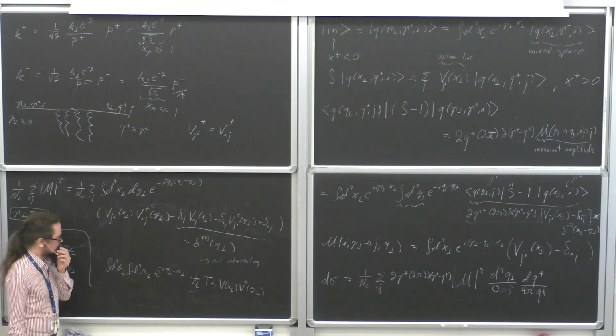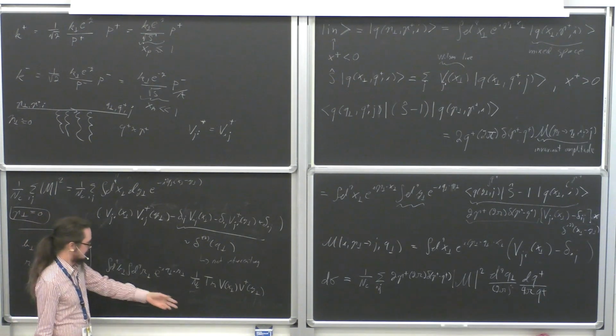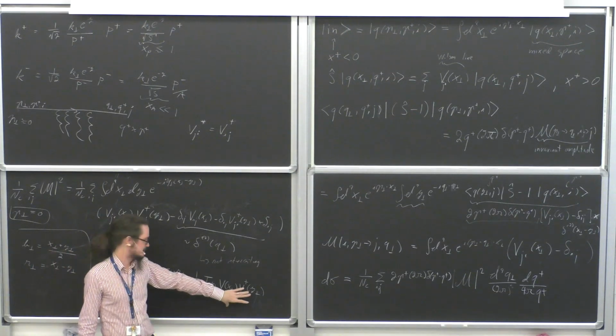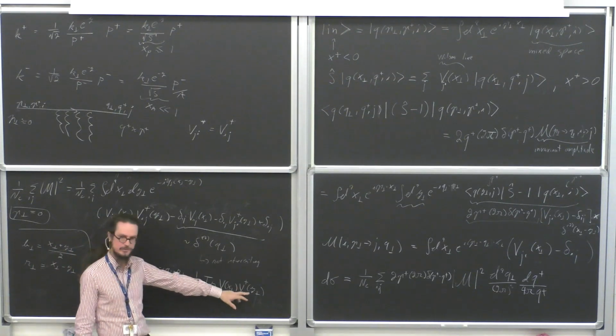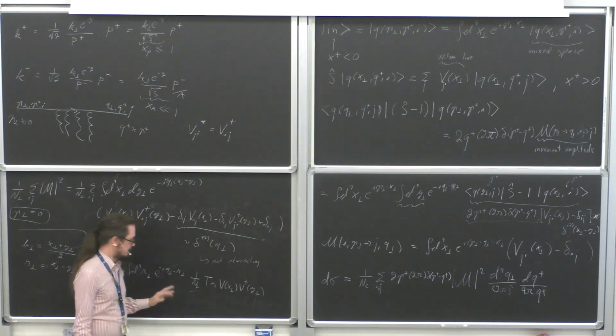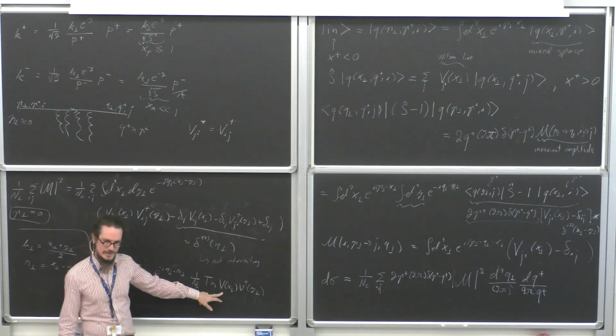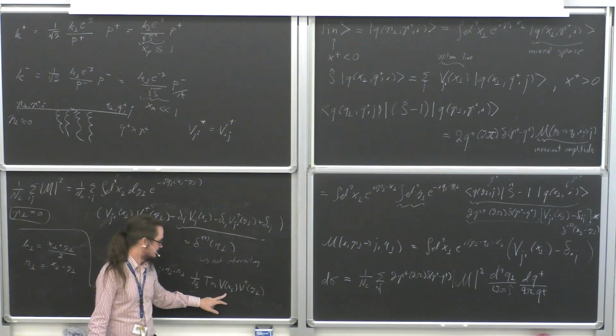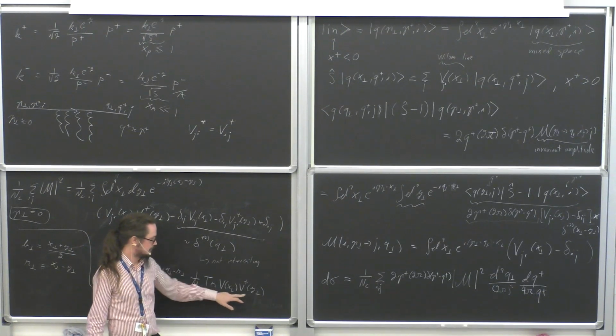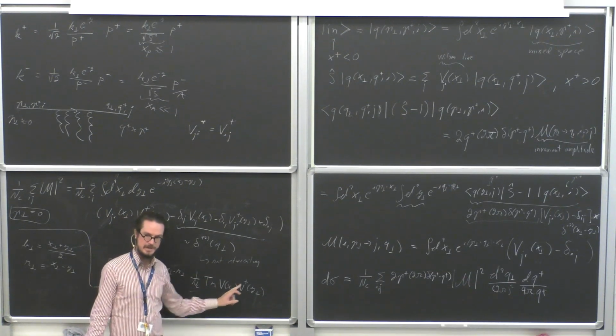I don't yet have a clear picture of how this depends on x perp and y perp separately, but typically it is natural to assume that this is only a function of x minus y.